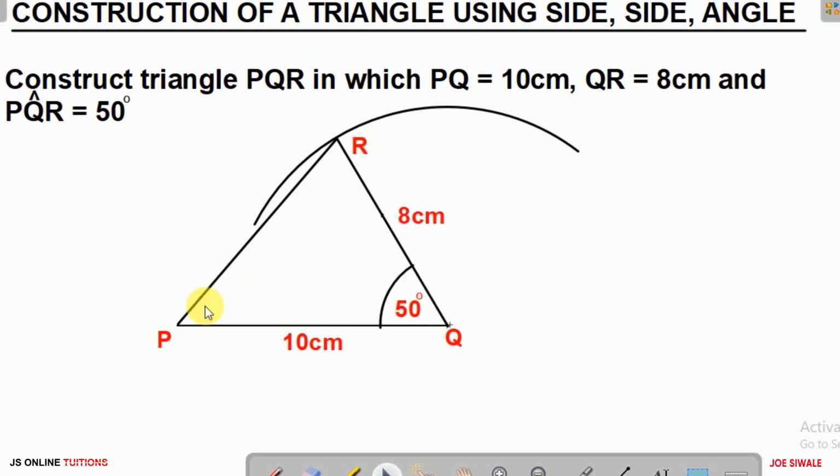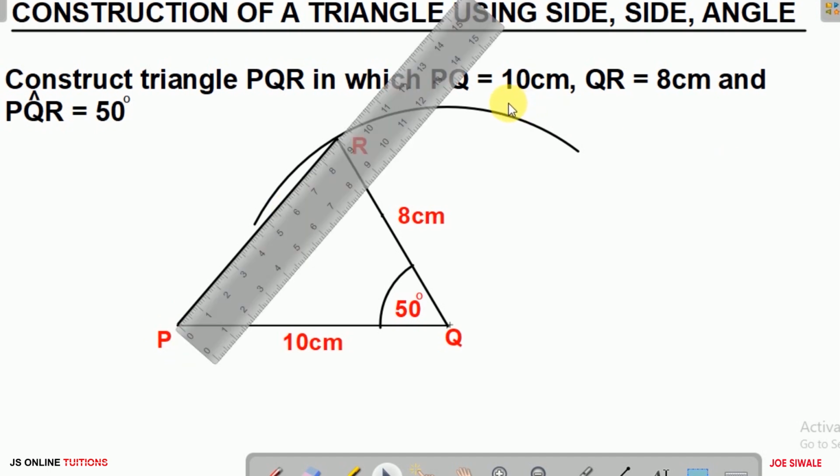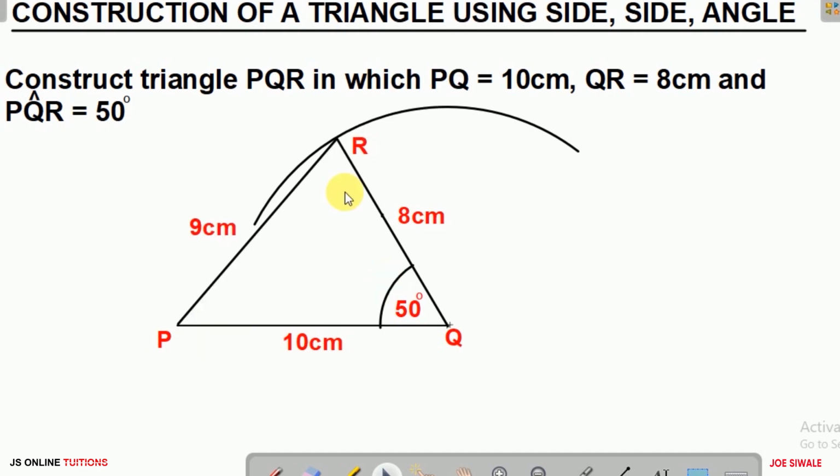So let us measure our length PR there. So if we measure our line PR using our ruler there, we'll start from 0 there. As you can see, that's 9 centimeters. So let us indicate our 9 centimeters. So we have our side PQ as 10 centimeters, our side QR as 8 centimeters, and our side PR as 9 centimeters.